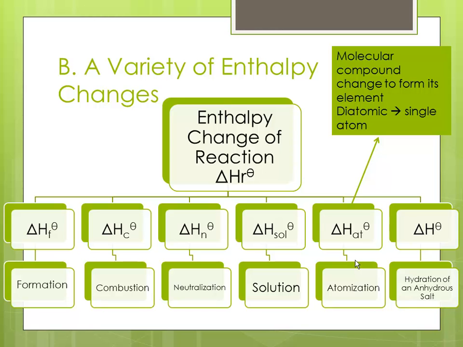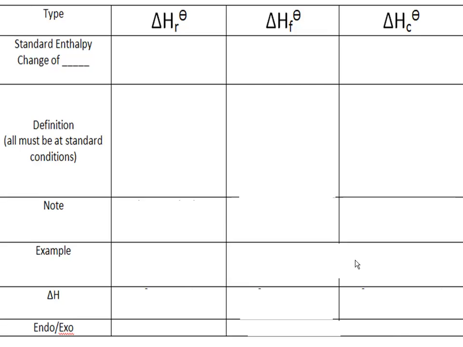So basically a diatomic element or compound to a single atom. And then the hydration of anhydrous salt. Pretty simple there. So here are the 7 types. Probably a good idea would be to make note cards or some other way to study these definitions.